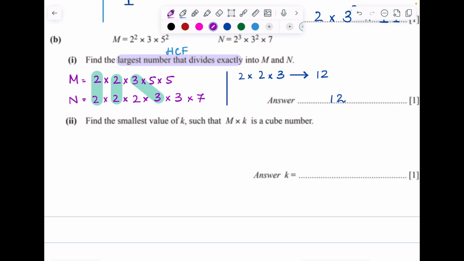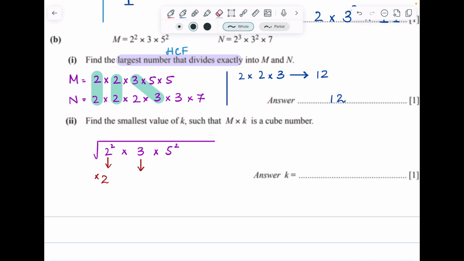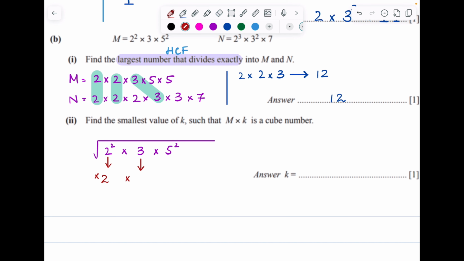This is going to become under root 2 square times 3 times 5 square. Now in order to make all of these cubes, I would need to multiply another 2 to make this 2 cube. I would need to multiply 2 more 3s to make this 3 cube, and I'll need to multiply another 5 to make it 5 cube.